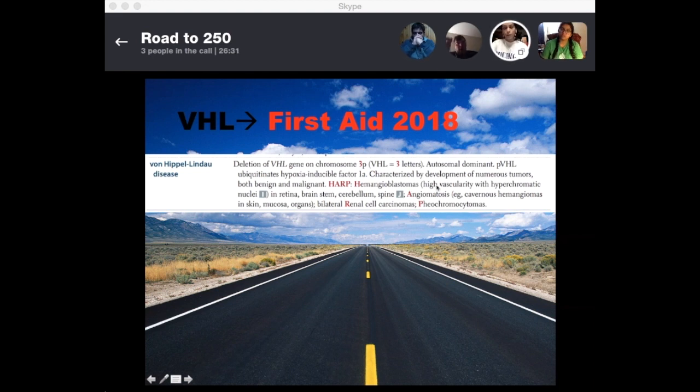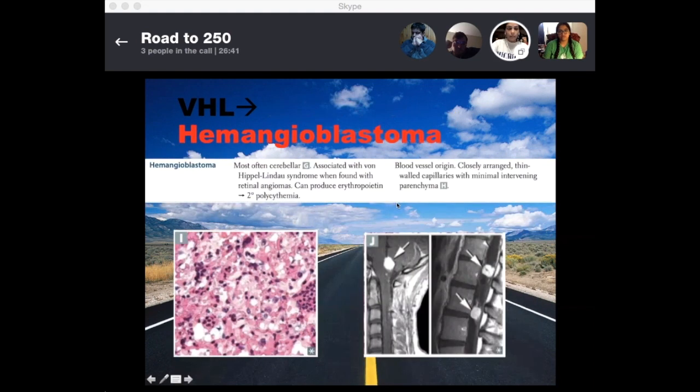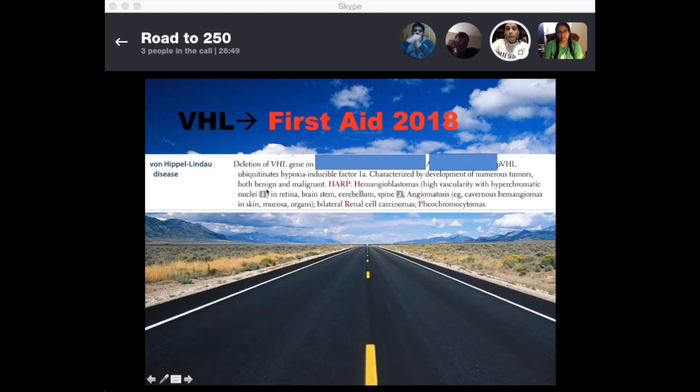H for hemangioblastoma, so high vascularity with hyperchromatic nuclei, which can be seen in the retina, brainstem, cerebellum, or spine. And I guess that's why earlier, the hemangioblastoma was described as associated with von Hippel-Lindau when found with retinal angiomas. Well, yeah.